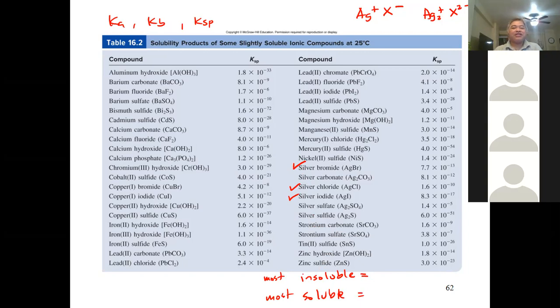What does Ksp mean? When the value of Ksp is higher, it is more soluble. When the value of Ksp is lower, it is more insoluble. So if I give you silver bromide, silver chloride, silver iodide, which is the most soluble and which is the most insoluble? Come on. You can type it in the chat.